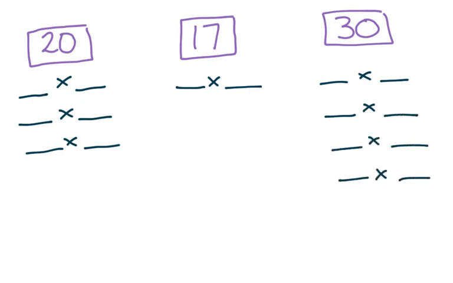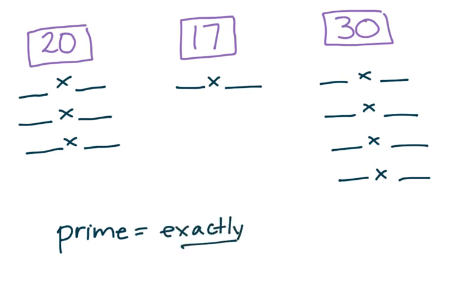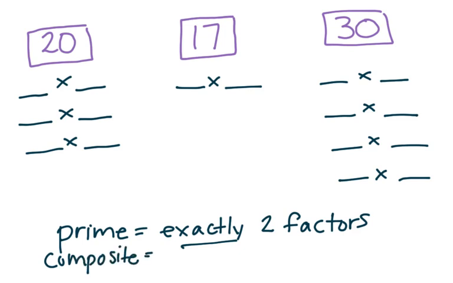I've given you a clue with the number of blanks needed. And then I want you to tell me if that number is prime, which means it has exactly 2 factors, which would be 1 times itself, and which ones are composite, which means that they have more than 2 factors. So be able to identify those as well.